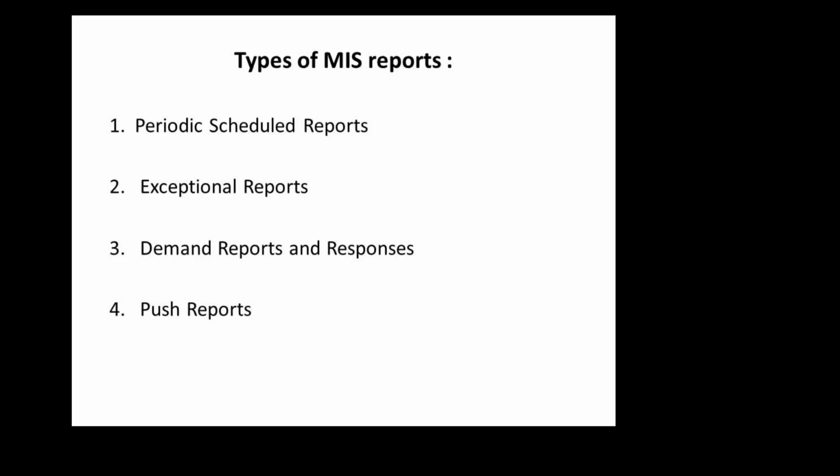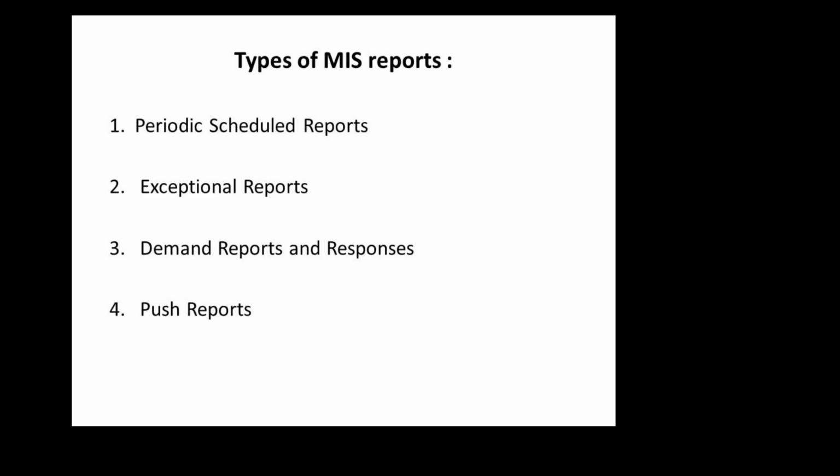And next one, push reports. These reports are pushed to the manager to keep him informed about certain situations, which are very rare or exceptional, as an escalation to the manager about a particular incident or a particular employee or person.